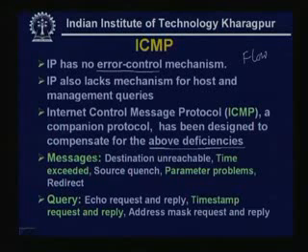And ICMP can send a number of messages, or it can do queries. How it happens, let me explain. It can send different types of messages. For example, destination unreachable. A packet is sent and a router is not able to deliver the packet.